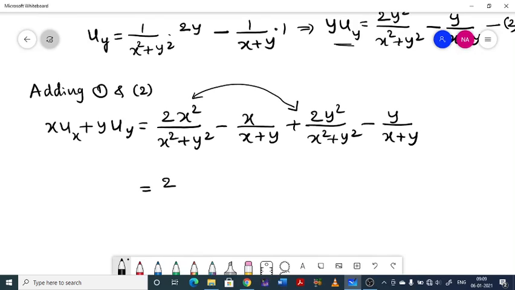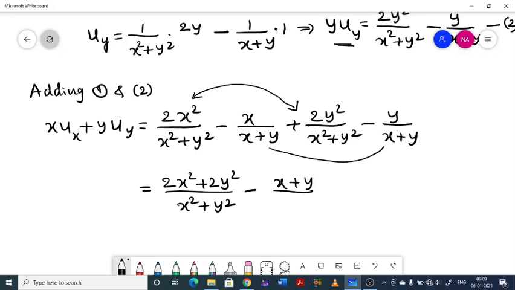So it will be 2x square plus 2y square divided by x square plus y square. Then in these two, minus you can take common, x plus y divided by x plus y. So these two get cancelled, you get only 1 here.